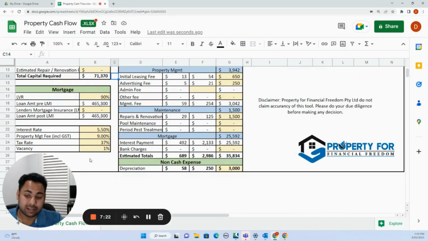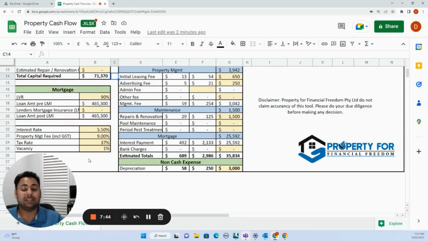Next is vacancy rate. For example, in the areas where we are buying there is a 0% vacancy rate. That means there's no vacant property in the area, and generally we get a clause to protect us to put the property on the market before settlement.